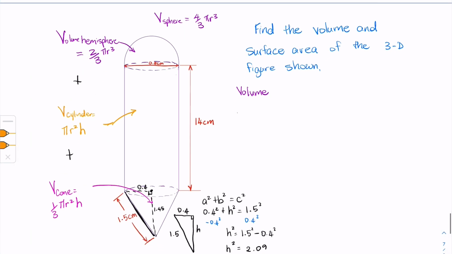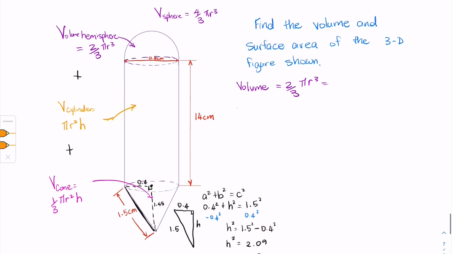Give ourselves more room. Okay, so volume equals 2 over 3 pi r cubed. And we spoke about what r is before, but let's talk about it again. Here we have the middle, and our radius is half of that, so it's 0.4. And so it's 2 over 3 pi 0.4 cubed. And we'll calculate that in just a second.